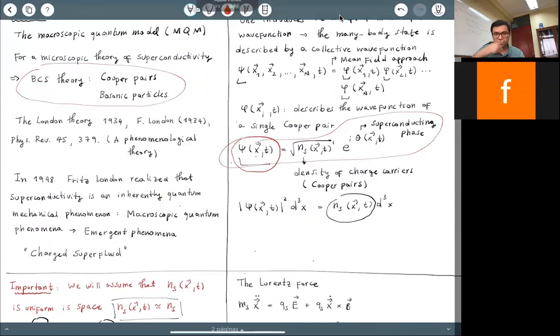You'll see that it is a very good approximation, because the London equation will appear in exactly the same way. The concept is that we have a macroscopic wave function that obeys the laws of quantum mechanics.